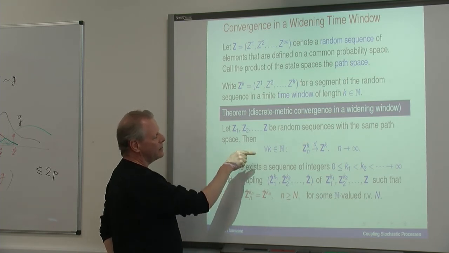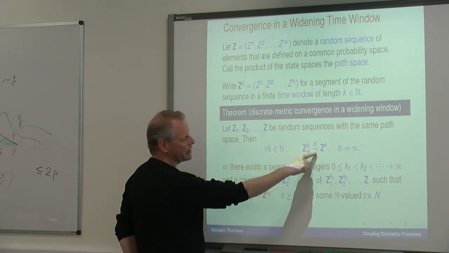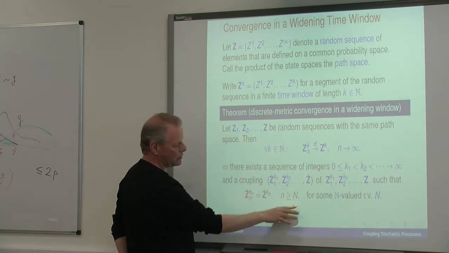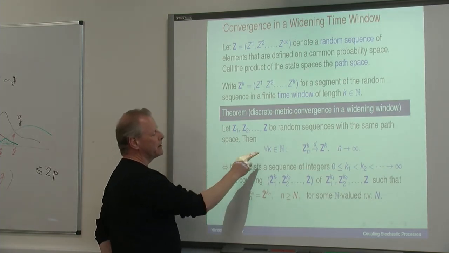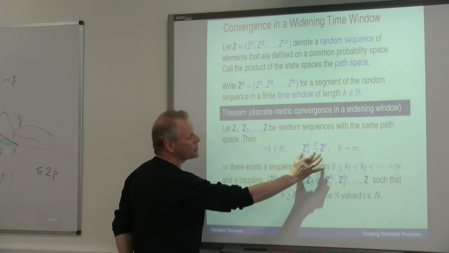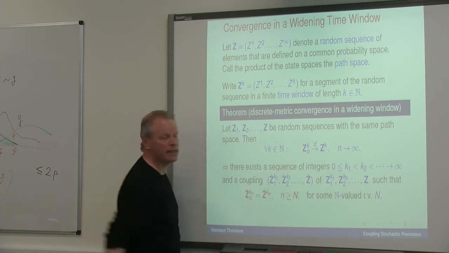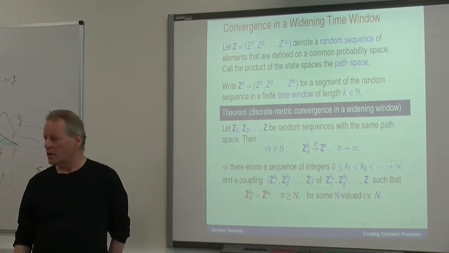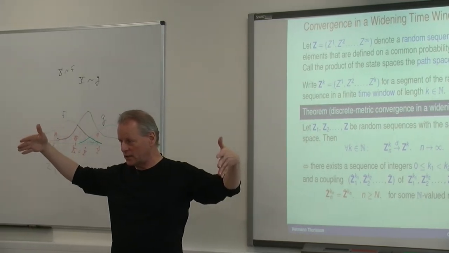And then this claim here, which is a convergence in density claim, is equivalent to this kind of claim, which I will explain in a minute. But so in all finite time windows, assume that the processes converge in density. Not the full length of the process, but all finite segments.